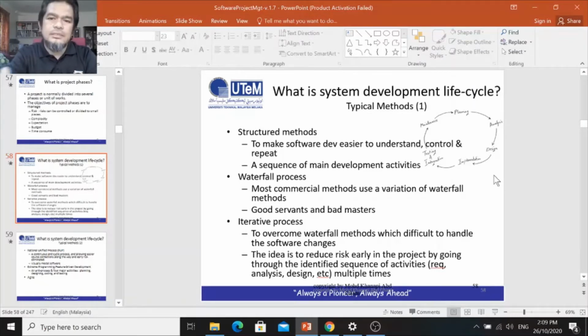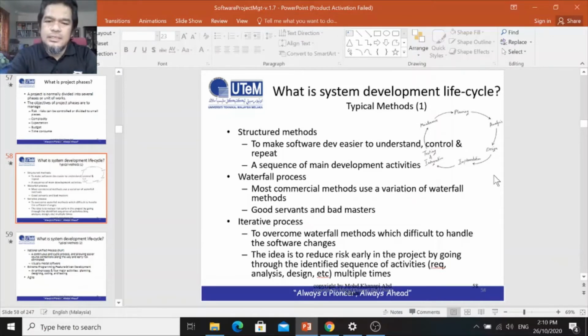But the system development life cycle is very generic. If you use the waterfall process, it will guide you with a specific process for how to perform certain tasks. This is the difference between the system development life cycle and the system development life cycle methodology.